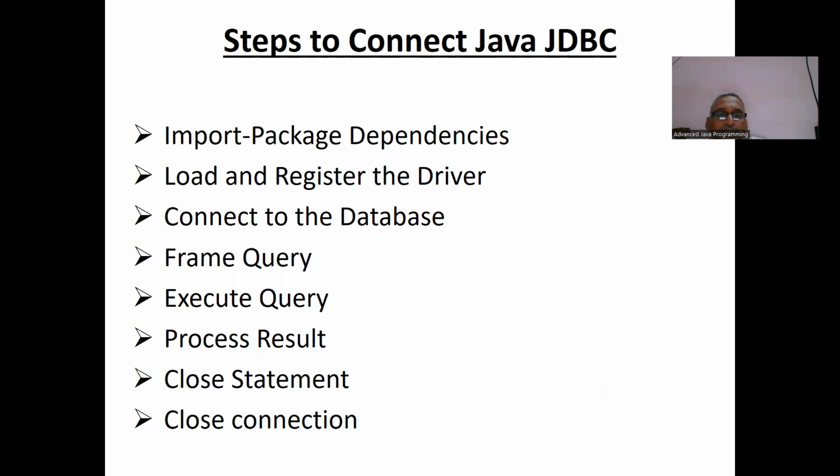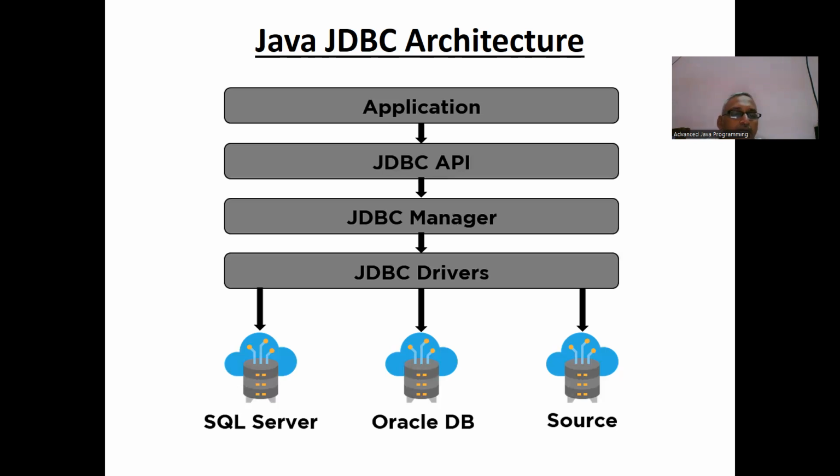Driver interface, connection interface, statement interface, prepared statement interface, callable statement interface, result set interface, result set metadata interface, database metadata interface, row set interface. Some popular classes of the JDBC API, for example, the DriverManager class, Blob class, Clob class, Types class.